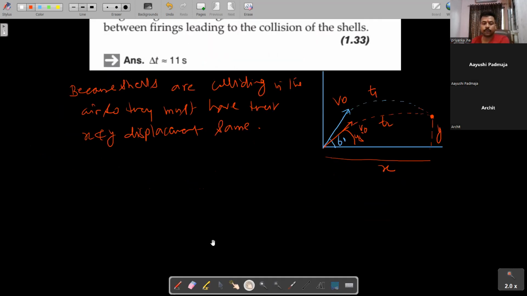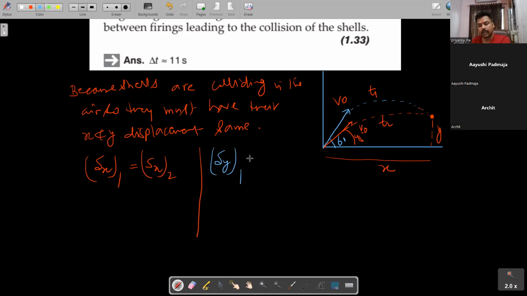So the x displacement of the first shell must be equal to the x displacement of the second shell, and the y displacement of the first shell must be equal to the y displacement of the second shell.